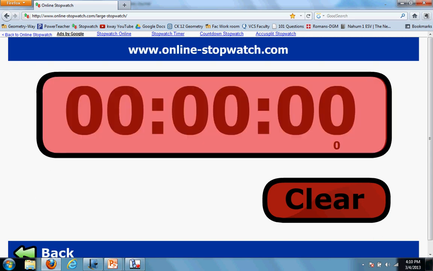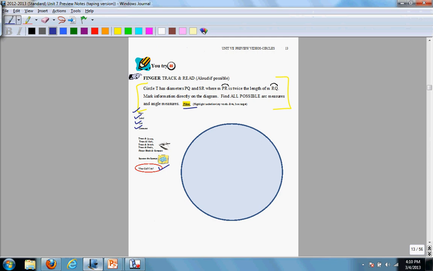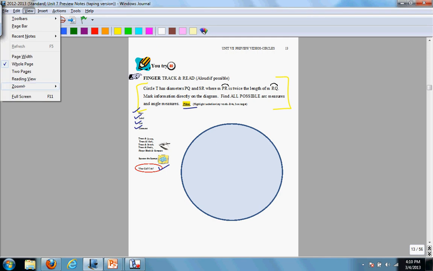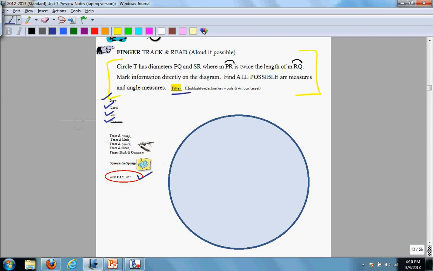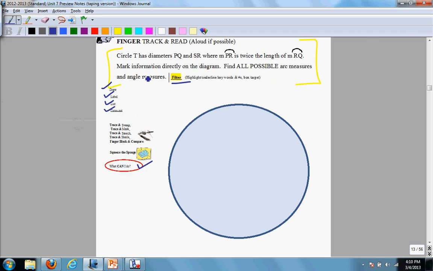All right, let's see how you did with this diagram. Okay, it says circle T. Well, step number 1, circle T means T is the center of the circle. So we're going to put T right there. Has diameters PQ and SR. So PQ and SR, 2 diameters.